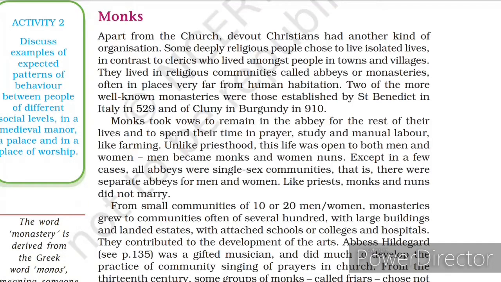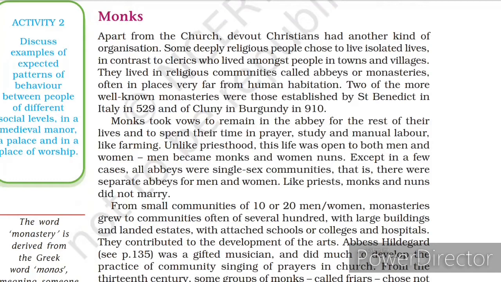Now vows were taken, means they used to take some promises in the abbey for the rest of their lives, and they spent most of their lives in this area only, studying, praying, or doing some manual work like farming. Both men and women were open to this type of life, as men became monks and women became nuns. Except in a few cases, separate abbeys were there for men and women.